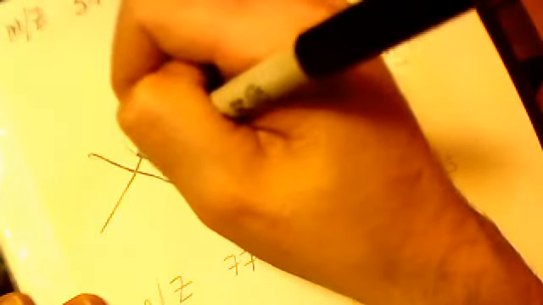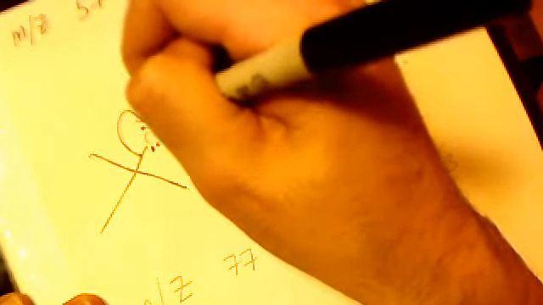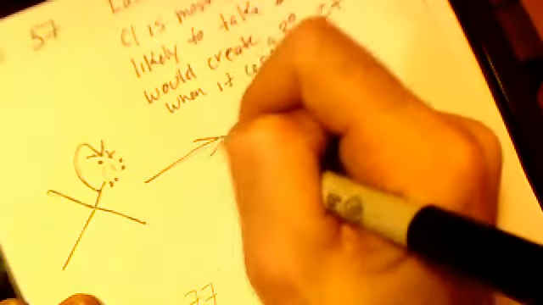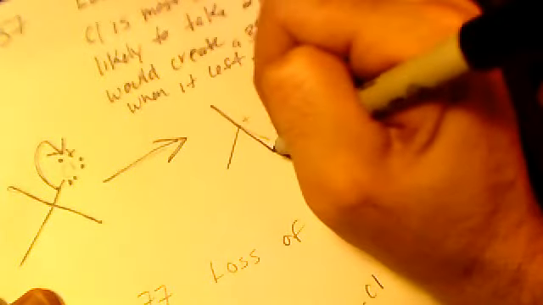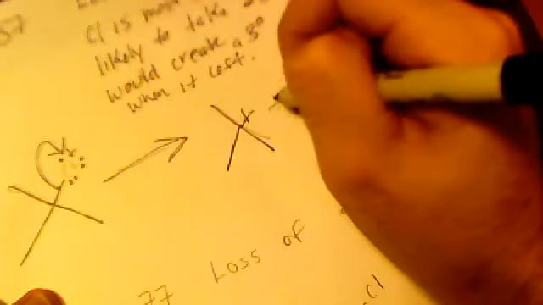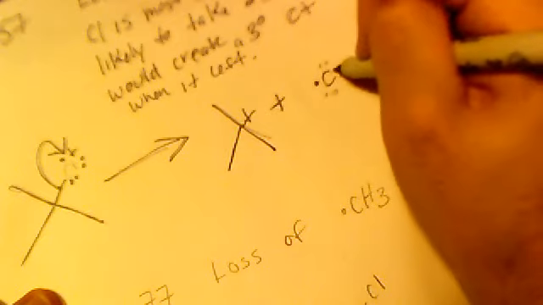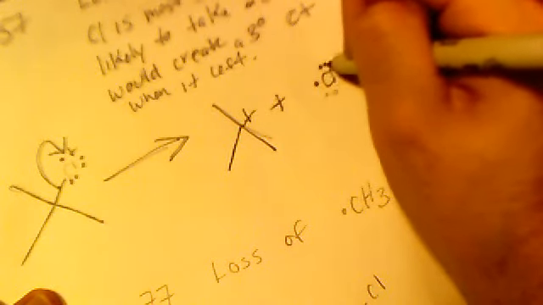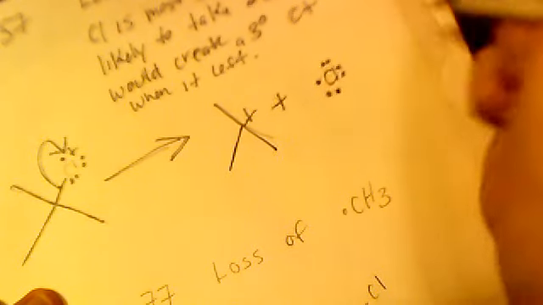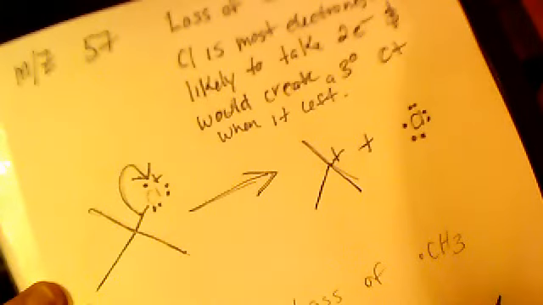So the mechanism for that would be like this, and it would take 2 electrons away with it, splitting off, leaving a tertiary carbocation, the most stable, plus the chlorine neutral radical. So that's the most likely out of everything that we've seen so far to happen.